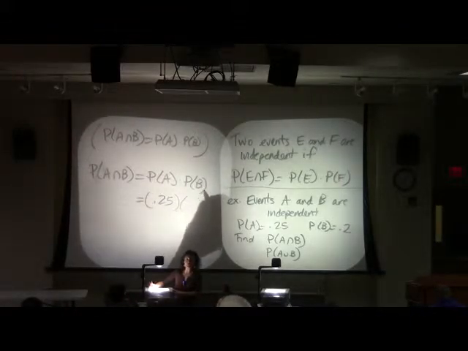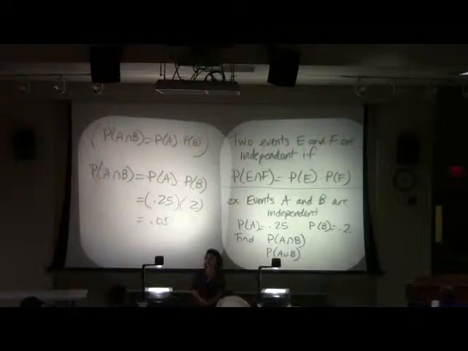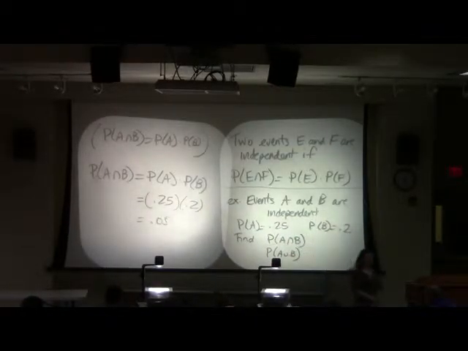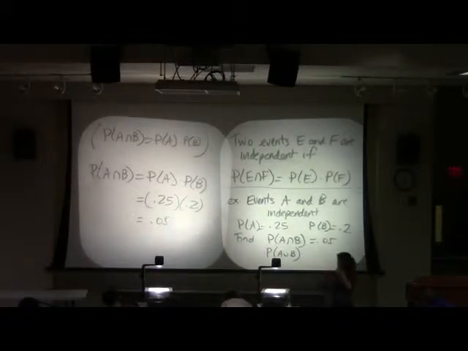What's the probability of B? 0.2. How's that? Isn't that sweet? You guys with me? All right. So we got 0.05 here.